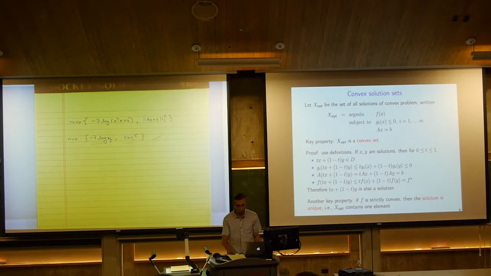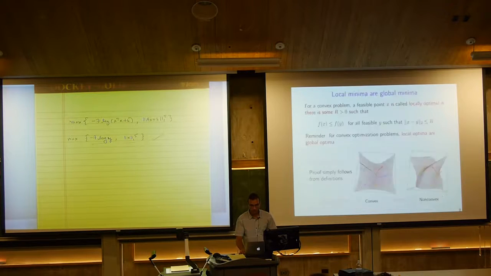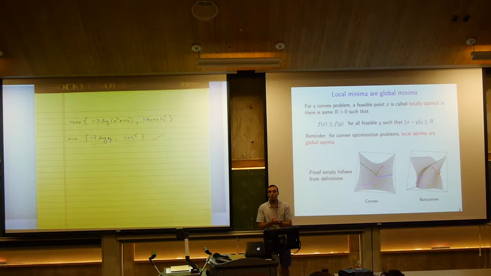That's a very nice property of convex problems. Let's back up for a bit, because I think people sometimes confuse what we said with uniqueness. Earlier we proved that convex problems don't have strict local minima.